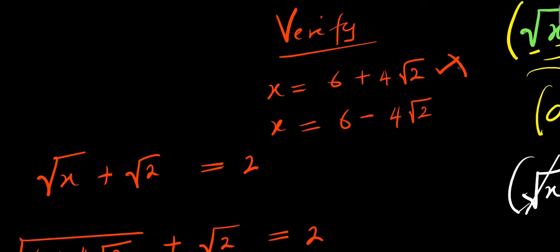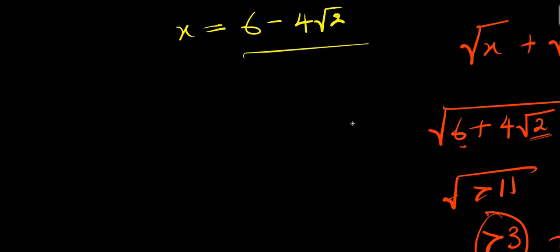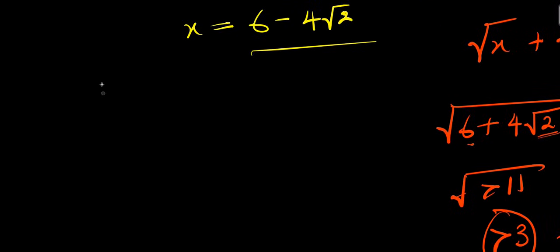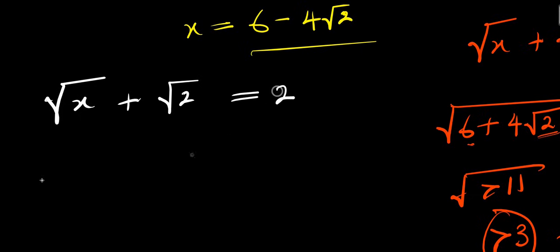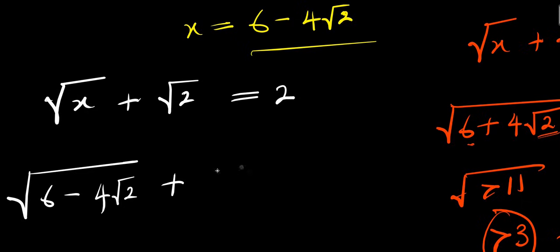This one is wrong because it does not satisfy the equation. So let's consider 6 minus 4 root 2. The equation remains square root of x plus square root of 2 equals 2. Square root of 6 minus 4 root 2 plus square root of 2 equals 2.